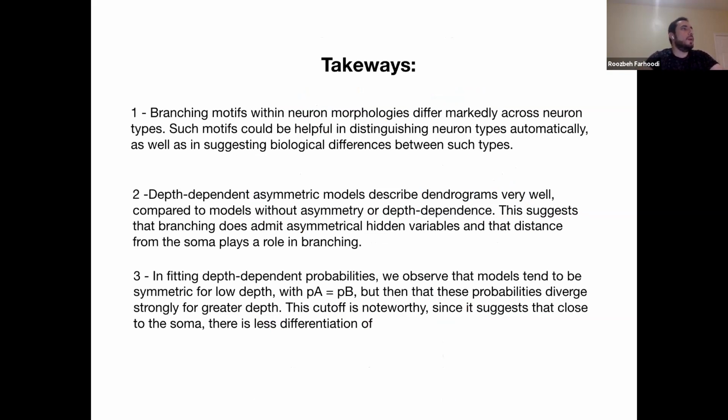We present depth-dependent asymmetric models, and we observe that they are superior to other models. And when we fit, we realize that at the beginning the structure is very symmetric, and at the longer scale it is very asymmetric. And thank you so much for joining us.